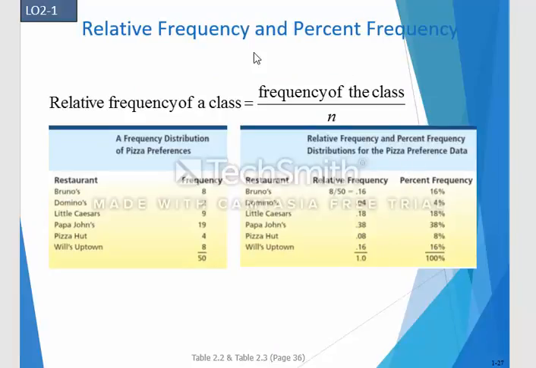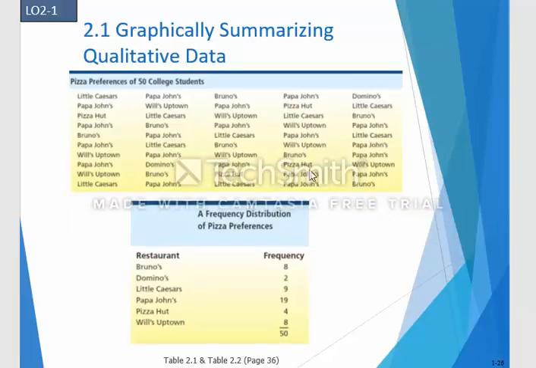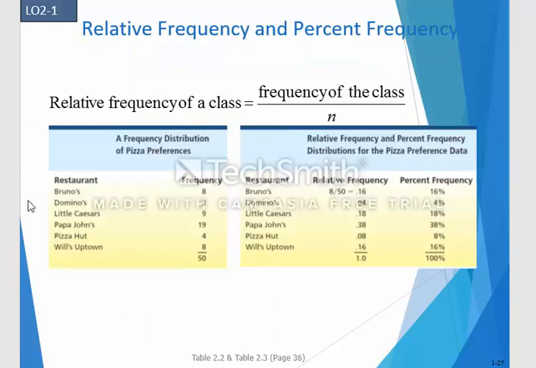Next, we have the relative frequency and percentage frequency table. This is just taking the last table. The relative frequency of a class is the frequency of the class over n. N is the total number of people surveyed, the total number of pieces of data that you have. So the frequency is how frequent it is given the number 1, or given 100%.